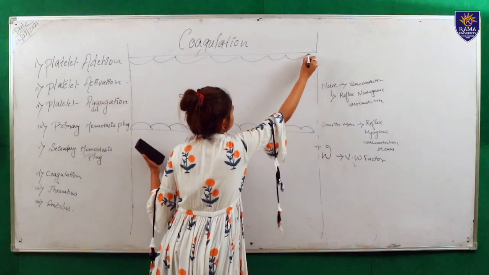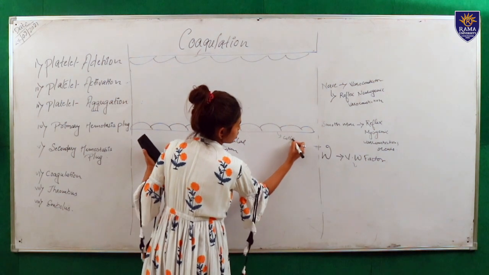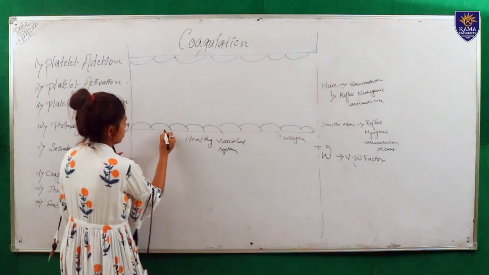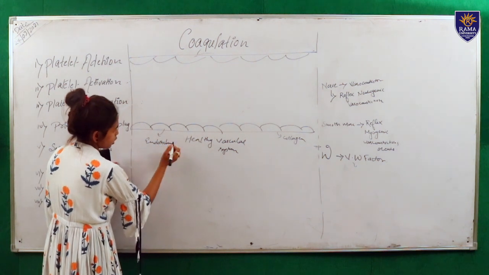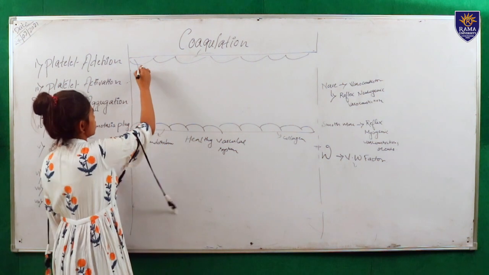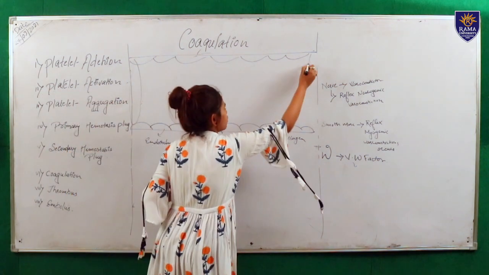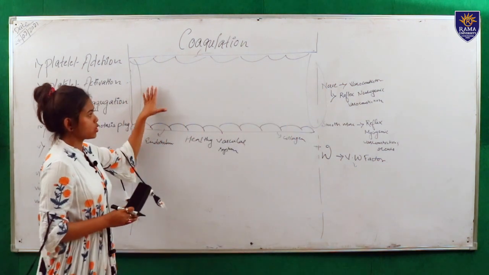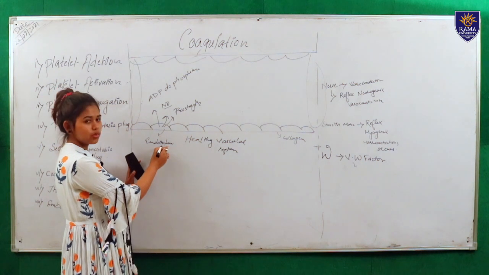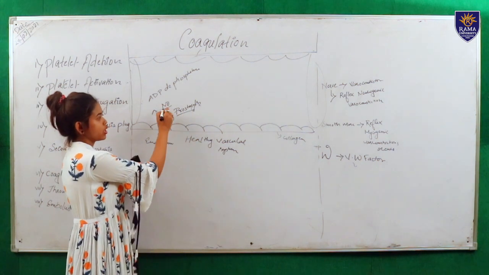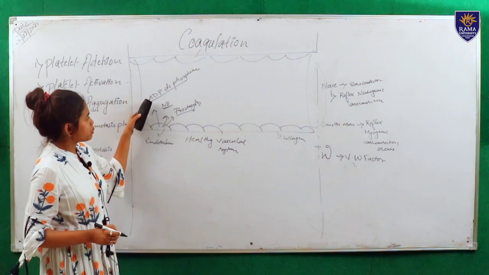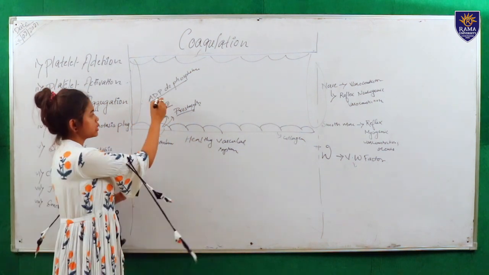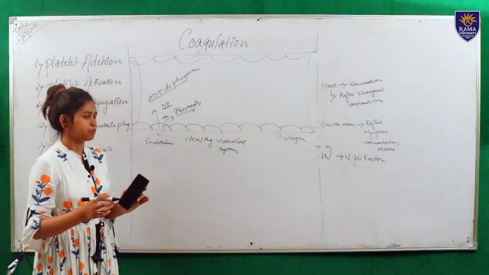This is endothelium, this is collagen, this is endothelium, and this is a vascular system. The endothelium releases prostacyclin, nitric oxide and ADP dephosphatase. What does ADP dephosphatase mean? It is an ADP enzyme cutter.